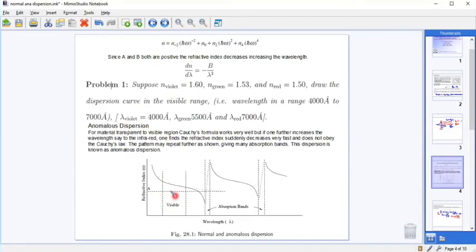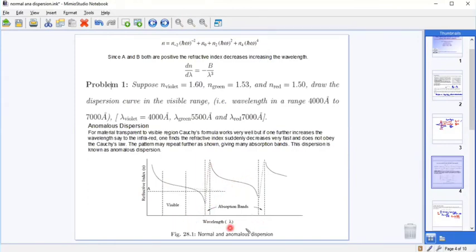Since the resonance frequencies exist in many spectral ranges, the refractive index varies in a complicated manner, right? So this part is normal, this part is normal, again this part is normal, but in between the dotted lines is the anomalous one. These are the shaded regions where the anomalous dispersion occurs.